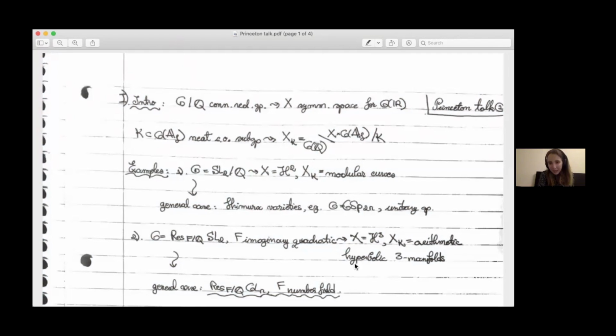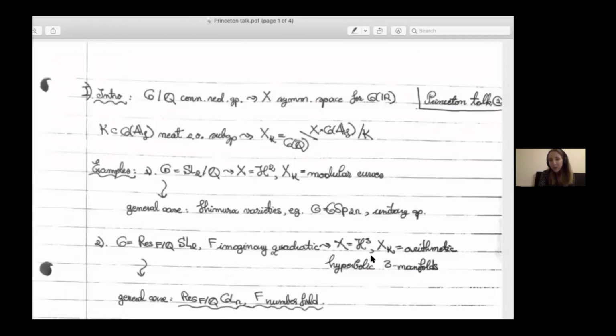In that case, the corresponding symmetric space is hyperbolic 3 space, and the corresponding locally symmetric spaces are also going to be quotients of hyperbolic 3 space by certain arithmetic groups. And so the locally symmetric spaces are going to be arithmetic hyperbolic 3 manifolds.